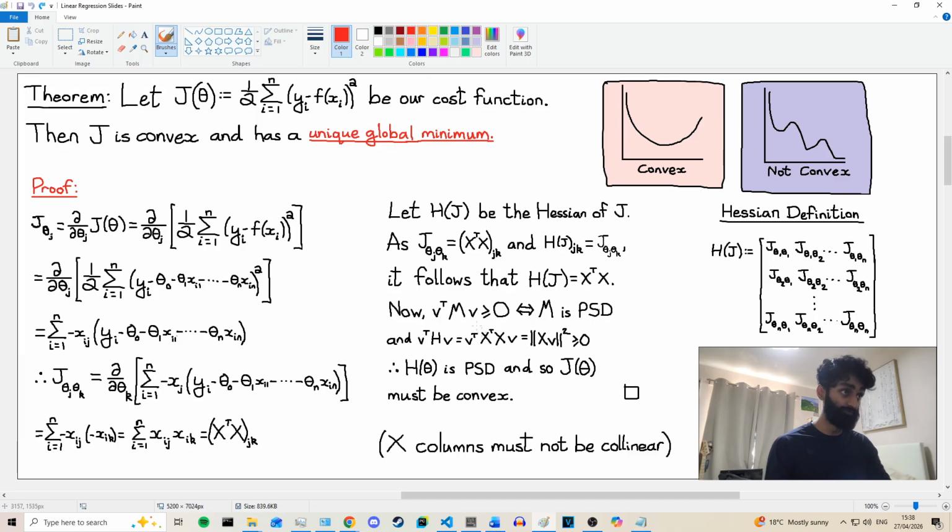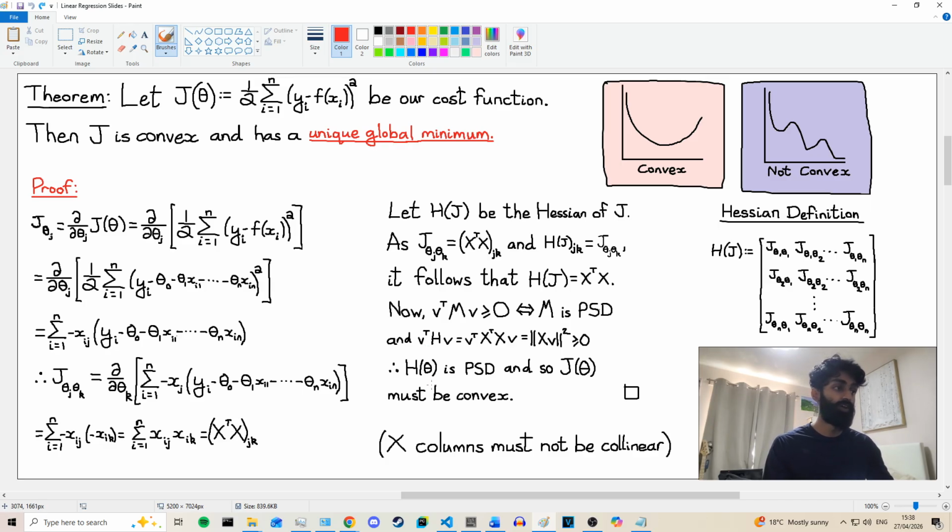We've done that with Xv. And the square of a norm must be positive. By definition, it's just a set of squared elements, and a square is always positive because these elements aren't complex. They're all real. So this is positive, and so we conclude that H is positive semi-definite, and thus J(theta) must be convex. And since J(theta) must be convex, it must contain one global minimum.